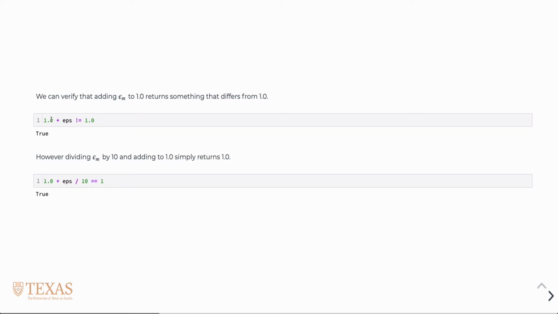However, if I divide epsilon by 10 and add it to 1, then you see it's identically equal to 1. So the machine epsilon divided by anything, in this case I chose 10, is going to just return 1 when added to 1. So we're verifying that that is, in fact, the smallest number that a computer can store.